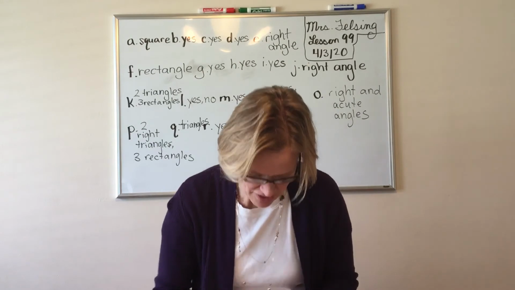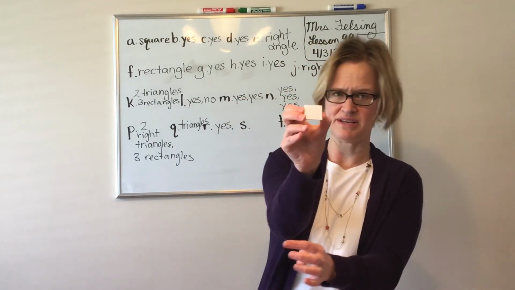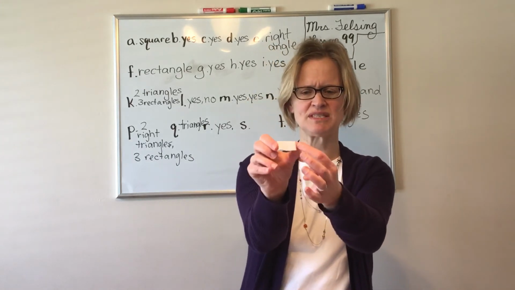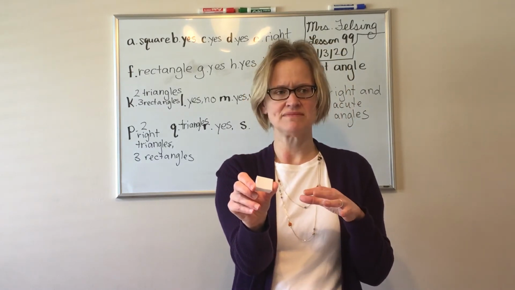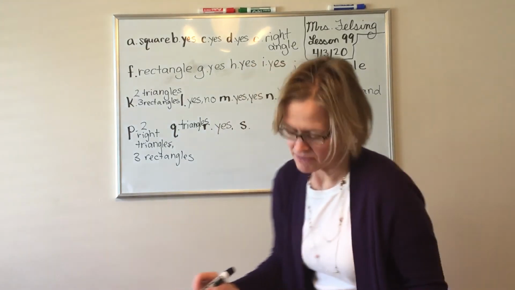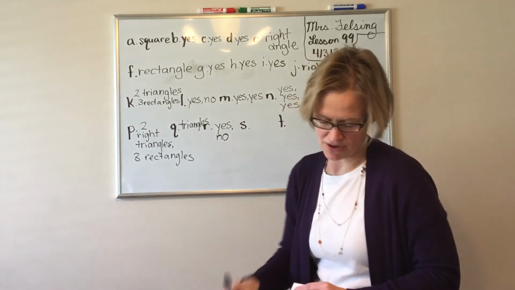And then it asks, are the rectangular faces congruent? Well, look how big this one is. And this one's really small, and this one's kind of medium size. So they're the same shape, but they're definitely not the same size. So the rectangular ones are a no. Your first answer would be yes, second one is a no.